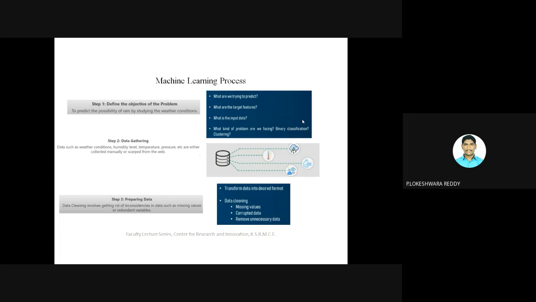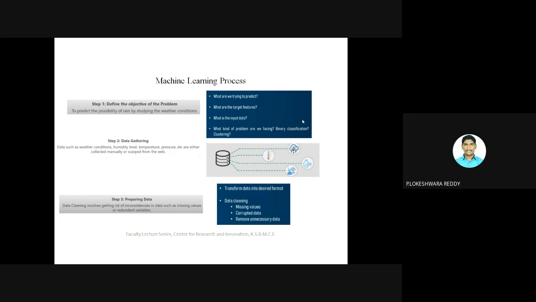In the first step, we need to identify the problem, that is, what sort of problem is prevailing. For example, I need to predict the possibility of rain by studying the weather conditions. That is, I need to forecast the rain: at what state, at what time, at what environment you can estimate the rainfall. That estimation you can predict with the help of this machine learning algorithm.